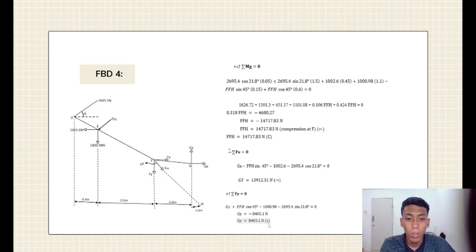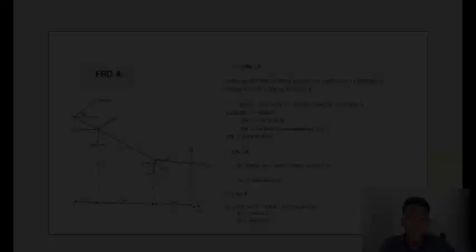So Gy is 8405.1 Newton downward, because the equation is Fy, so Gy acts downward. Gx is also the same, because the equation is Fx, the direction in the x axis is to the right.